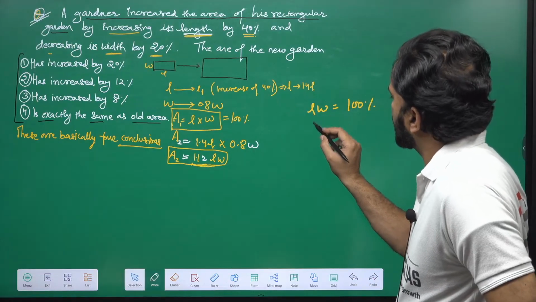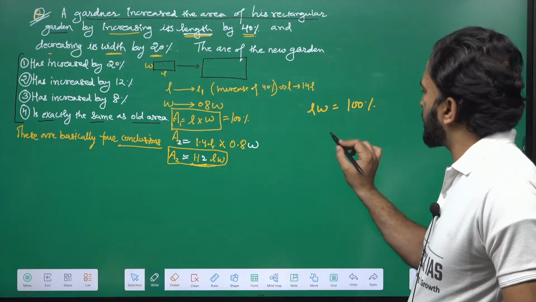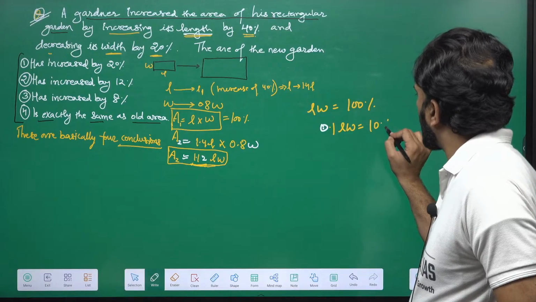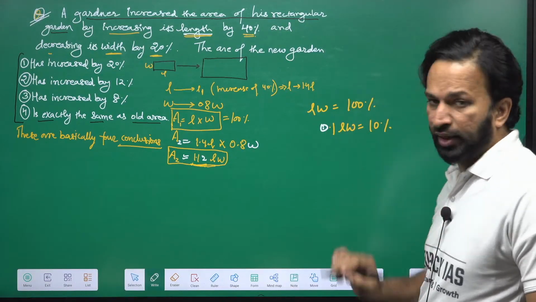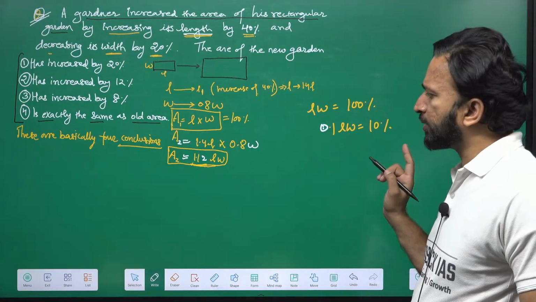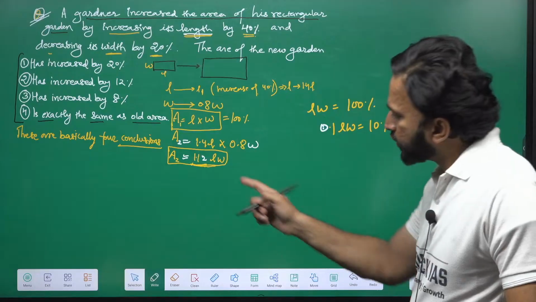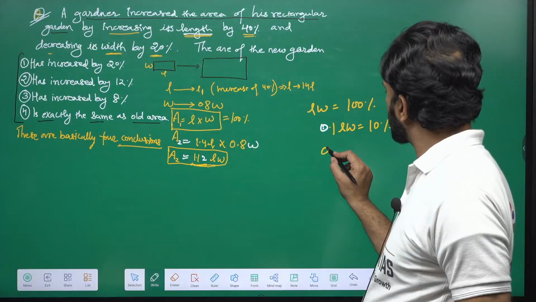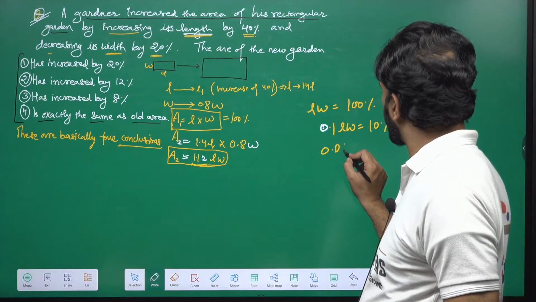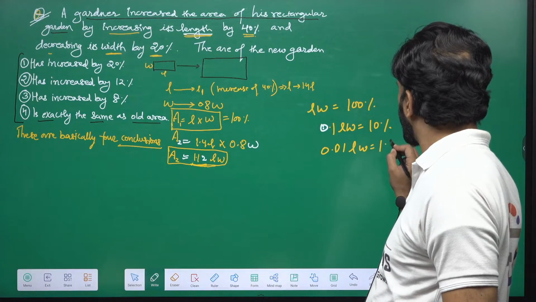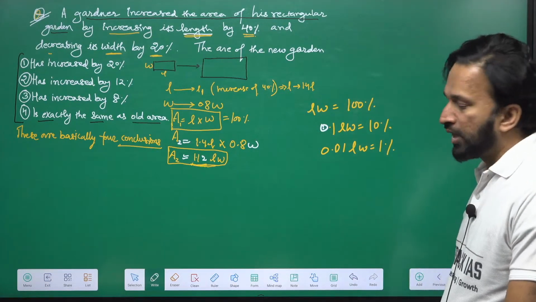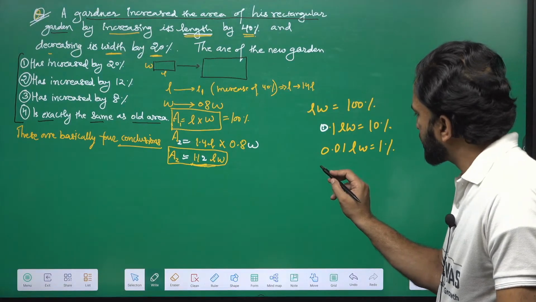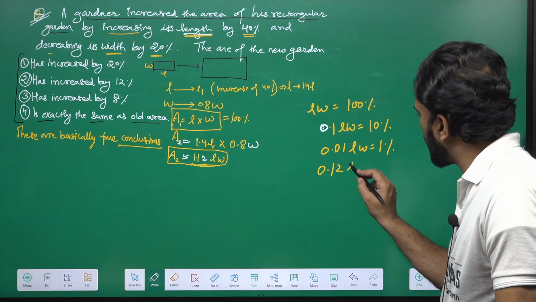Now 1 LW is equal to 100%. So 0.1 LW is equal to 10%. What I did, I divided both sides by 10, because we need decimals. So 0.01 LW is equal to 1%, right? If you multiply by 12 on both sides, this comes out to be 0.12 LW.